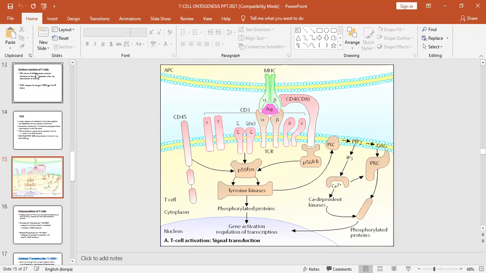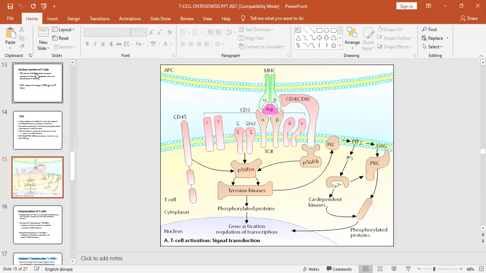So what you see there as CD3 is a combination of these chains: alpha, gamma, beta, epsilon chains. These are very critical because they define what a CD3 molecule is. And that gives you the first interaction, and then the second interaction with an MHC.